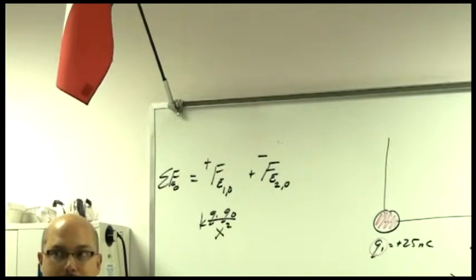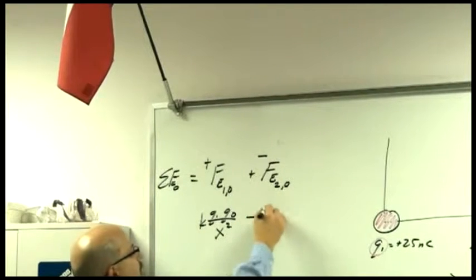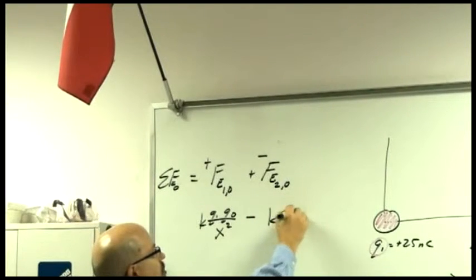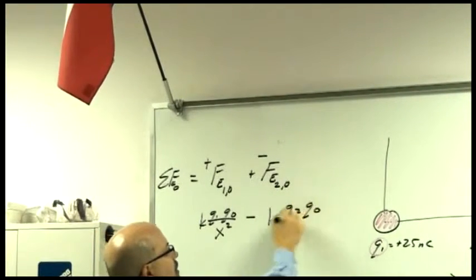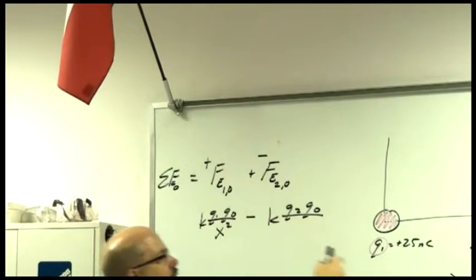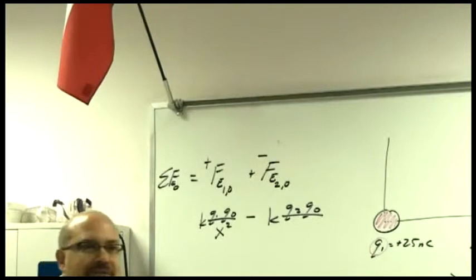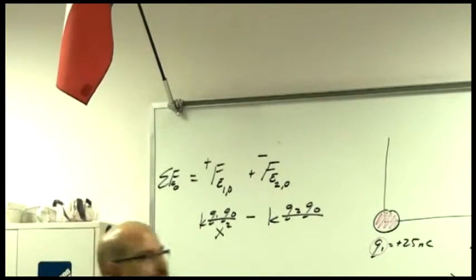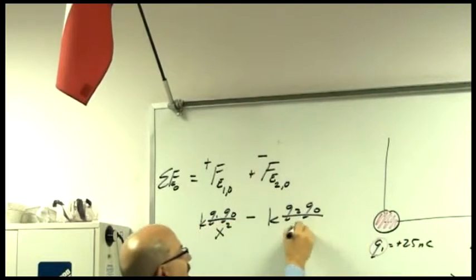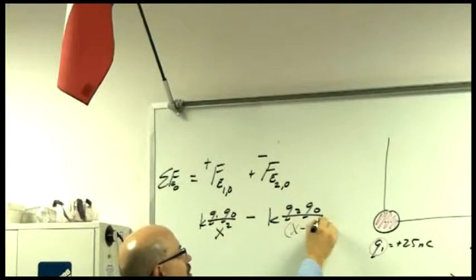You okay with that? All right. Minus K Q2 Q0 over, what's the distance between these two? It's not going to be x. It's going to be x minus 2, right? x minus 2 squared.